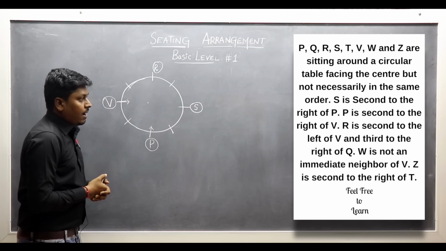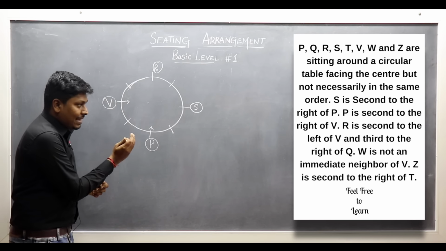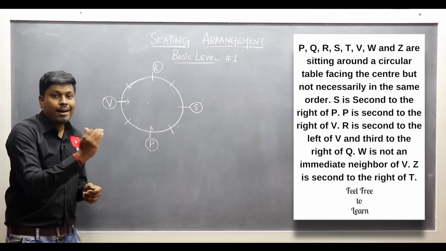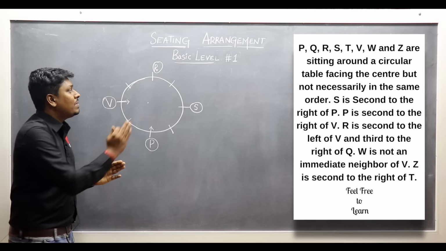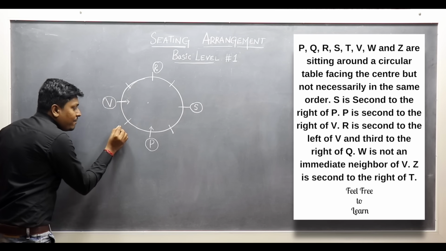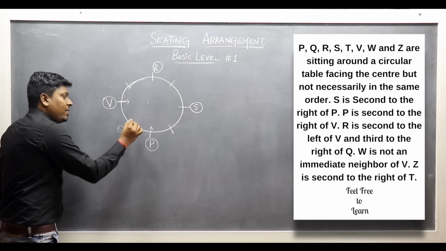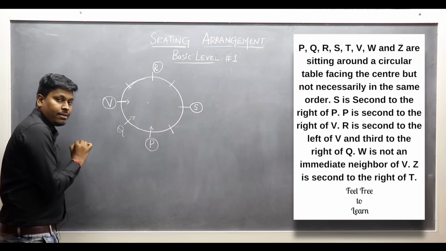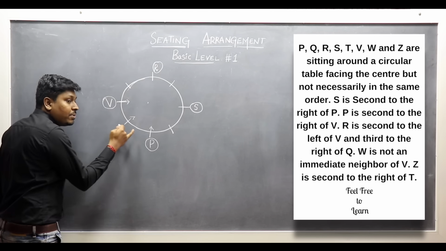Next. R is third to right of Q. So Q's right hand side, at the third place, is where R is sitting. Remember that. Where do we need to fix Q? If I fix Q here, for example, we already know that everyone is facing the center, so Q's left hand side at the third place is R according to this diagram.